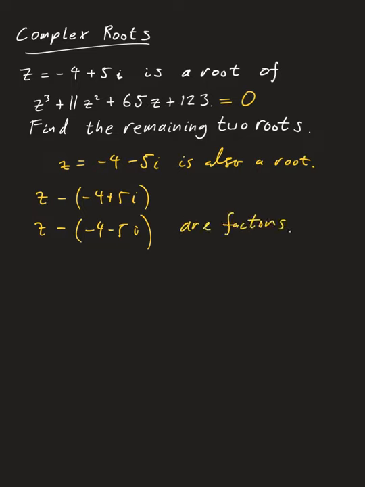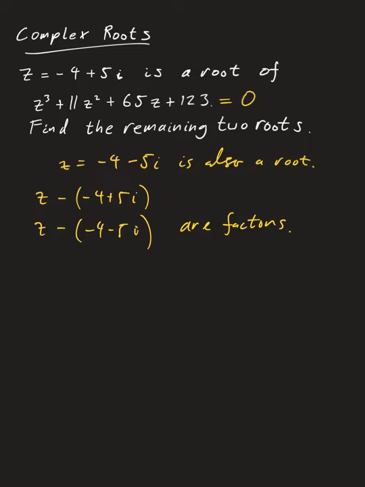Since, if I factorize that polynomial and I get those two factors, then each of those equal to 0 corresponds to a solution. I bring the thing in the brackets onto the right hand side and I get that root that I have above. So if those two are factors, I multiply them together to get one bigger factor, and then I'll figure out what the remaining factor must be, and hence what the remaining root must be.